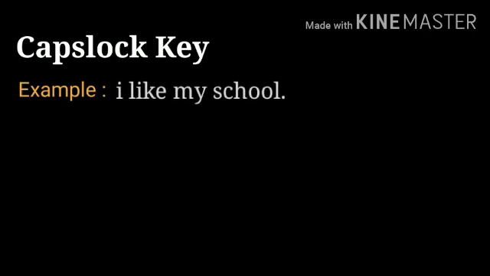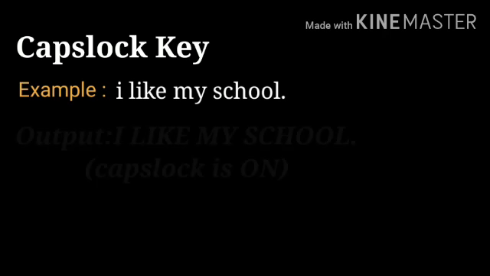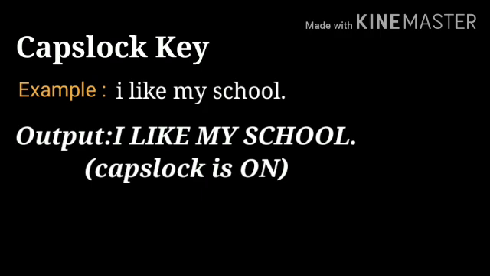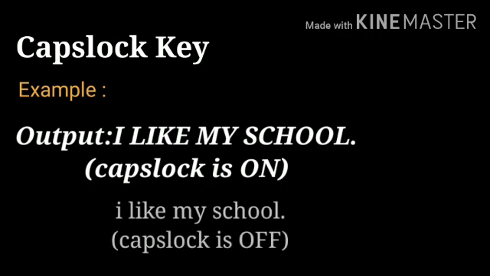Now let's take an example of how our sentence will look if the caps lock key is on. We are typing I like my school. Now press the caps lock key again. The caps lock light will turn off. Now type again the sentence and we will see the difference.